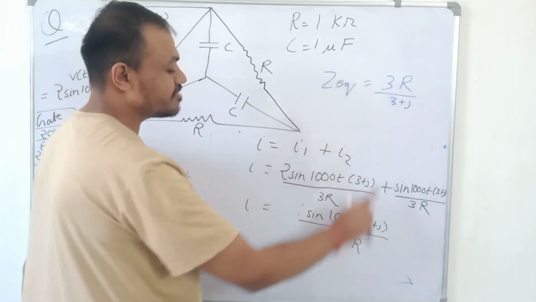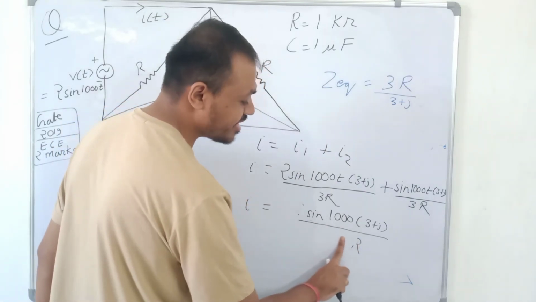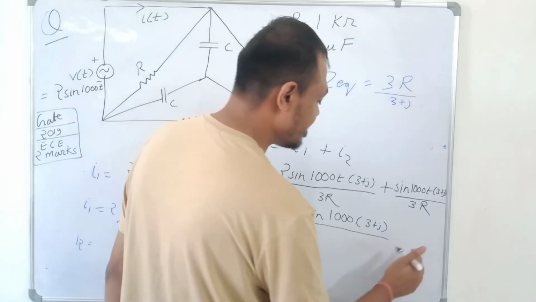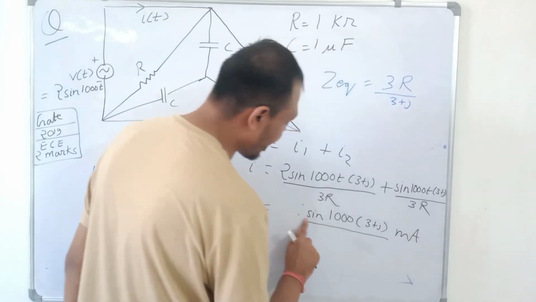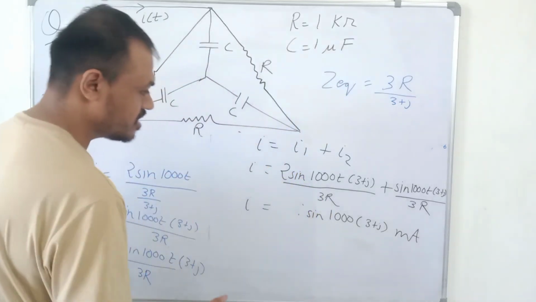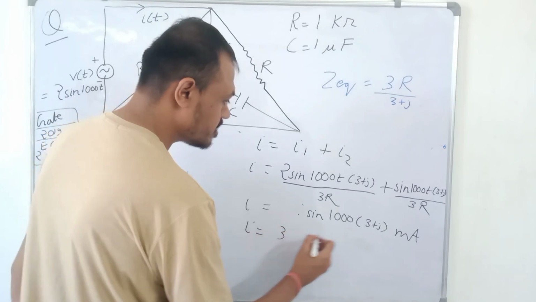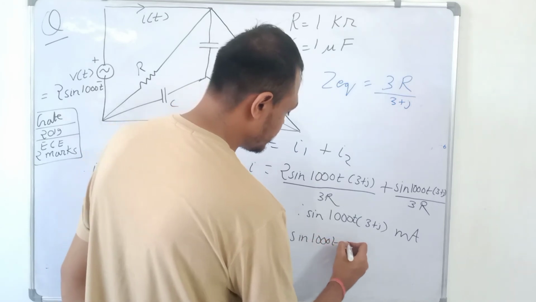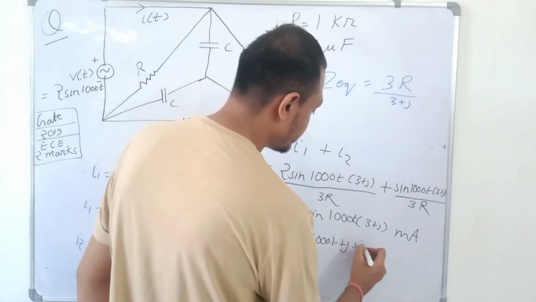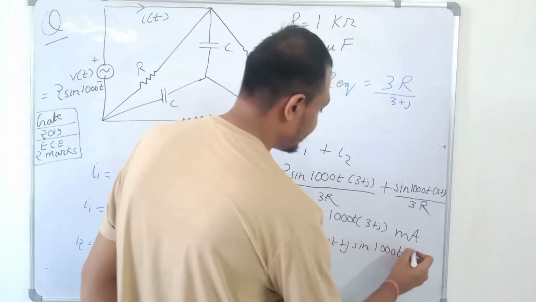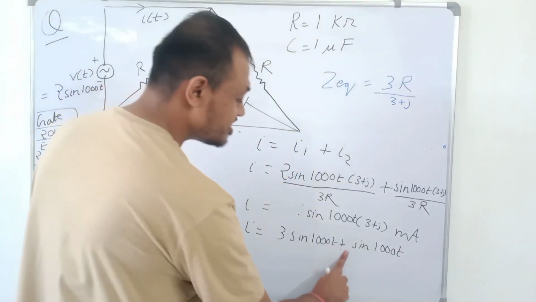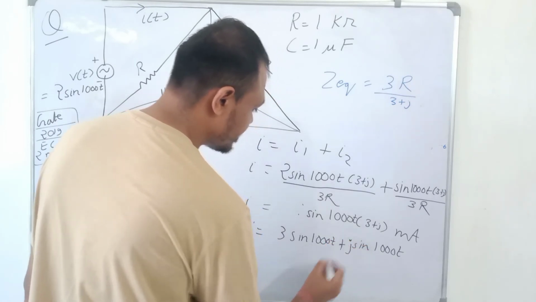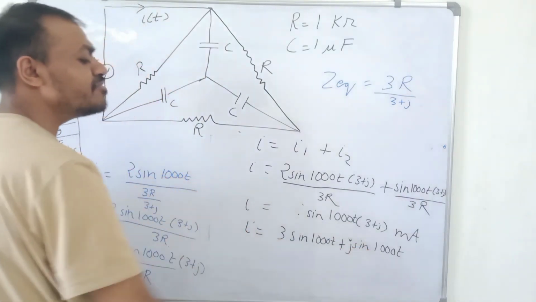R is 1 kilo ohm, or 1000. If we divide by 1000, then this current will be in milliampere. So I will be equal to 3 sin 1000 t plus j sin 1000 t, in milliampere. The angle for j is 90 degrees and its magnitude is 1.